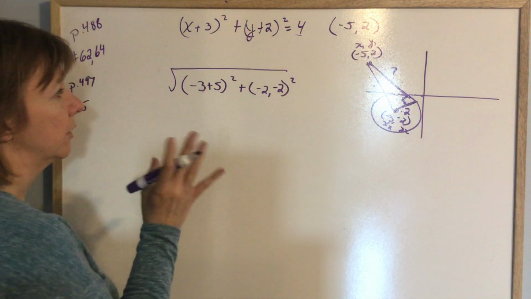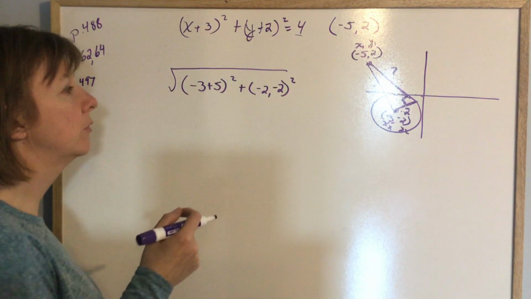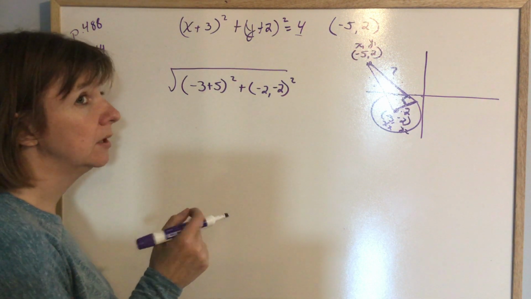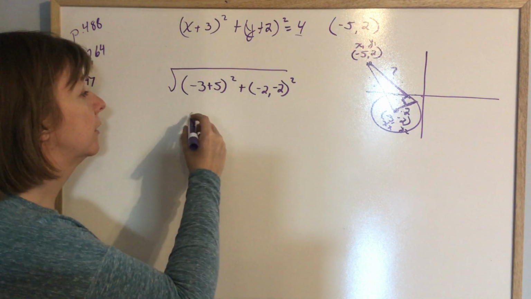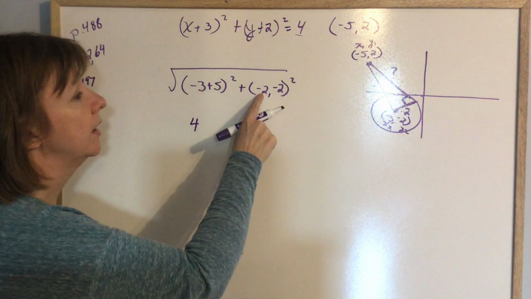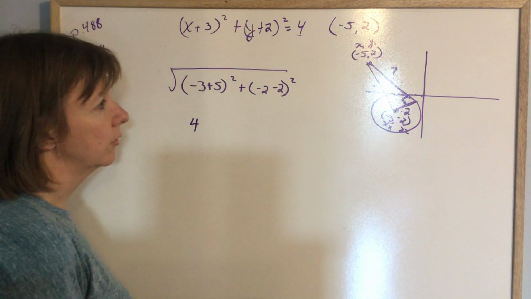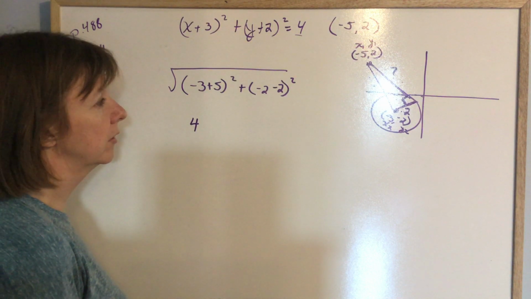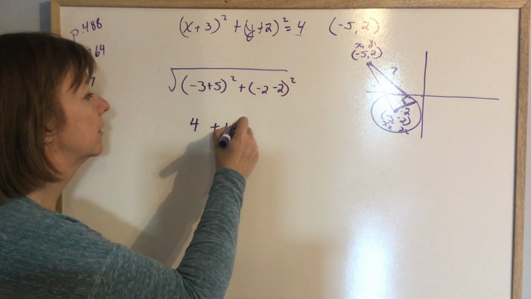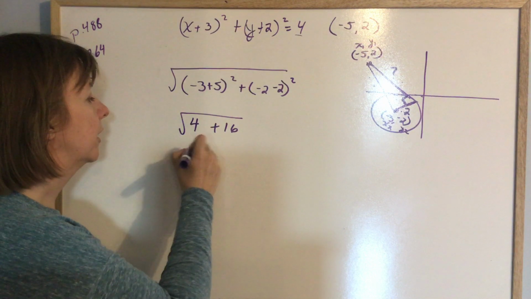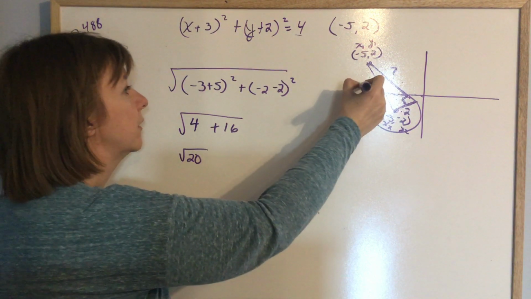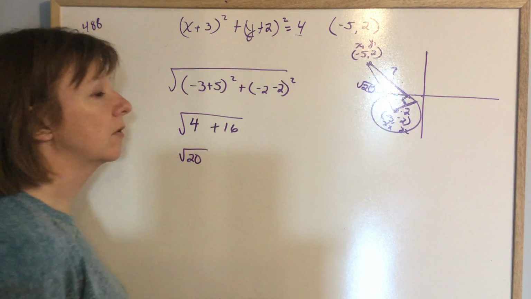So -3 plus 5 would be 2, squared would be 4, -2 minus 2 would be -4, squared would be 16, and so it would be the square root of 20. So this side would be the square root of 20.